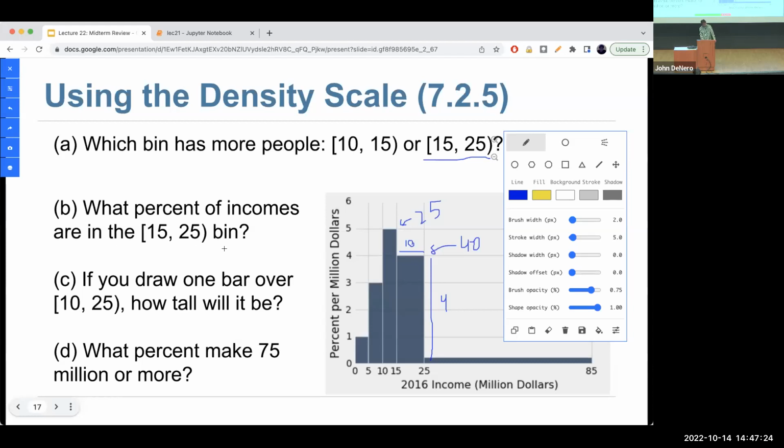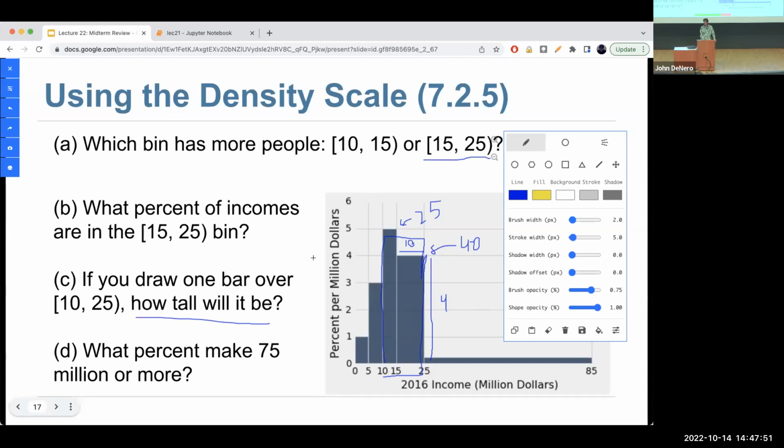What percent of incomes are in 15 to 25? 40%. If you draw one bar in a histogram over 10 to 25, what if we had redrawn this histogram so that there's one bar instead of the 2 bars? I don't know how high it is. How tall will it be?